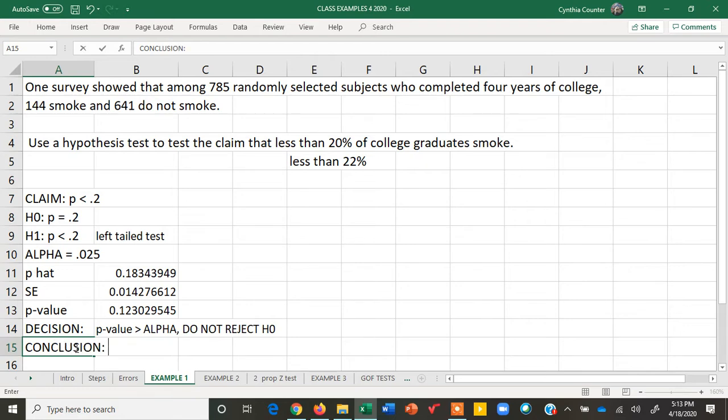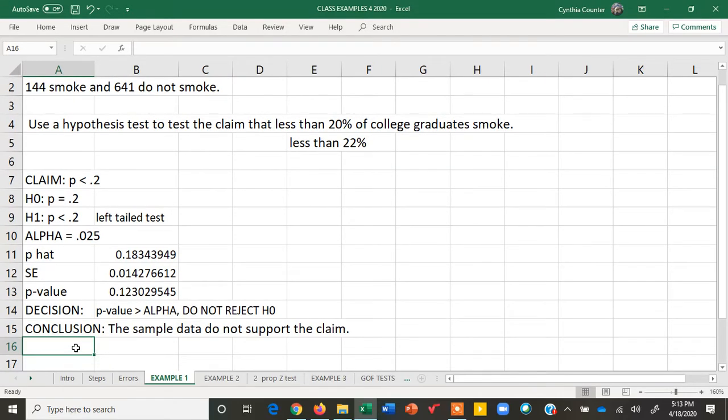Since we're basically supporting the null hypothesis and not the alternative hypothesis, and our claim was the alternative hypothesis, the conclusion is the sample data do not support the claim. All right, so here is a hypothesis test where the sample data do not support the claim.